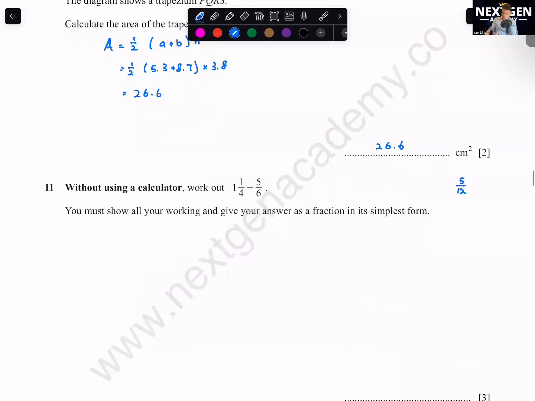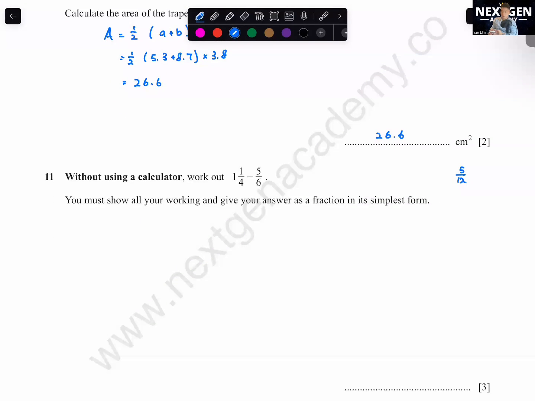Okay, how do I change this 1 and 1 over 4? Okay, if you don't know, just type it in the calculator. It will give you the value itself. 5 over 4. This is like that. You times, then you plus. 5 over 4 minus 5 over 6. Okay, this one you need to show it. Change it to the same denominator first. You multiply this by 6. This one you multiply by 4.